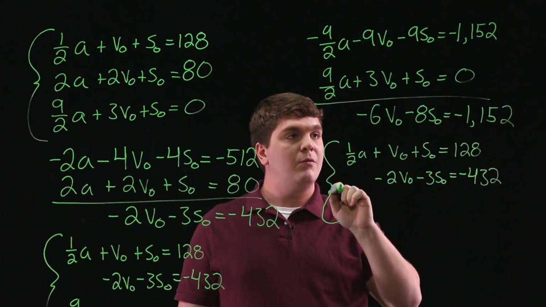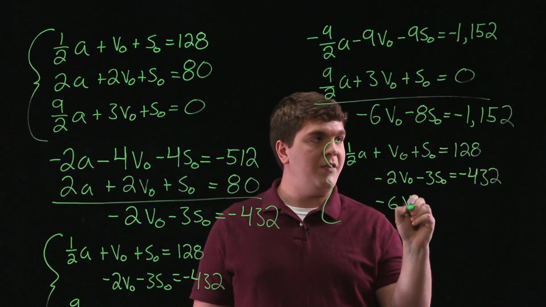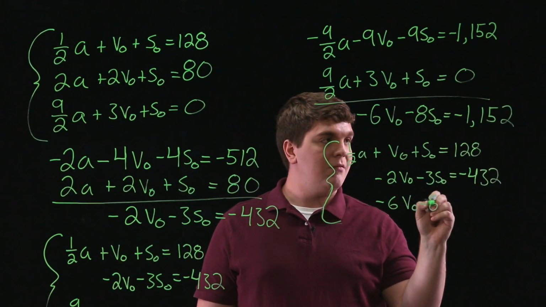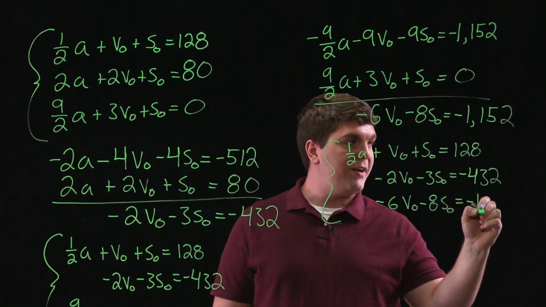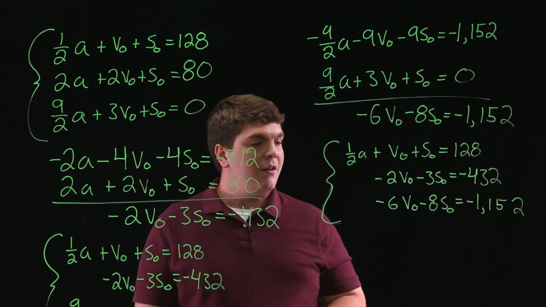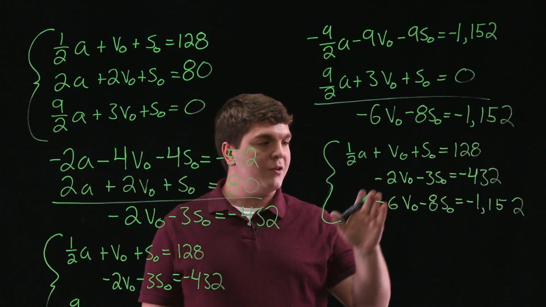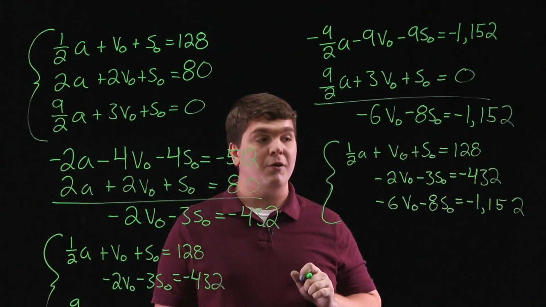And our third row, which we'll substitute this in for, is -6 V naught minus 8 S naught is equal to -1,152. Now here, we can multiply the second row by -3 and add it to the third row.